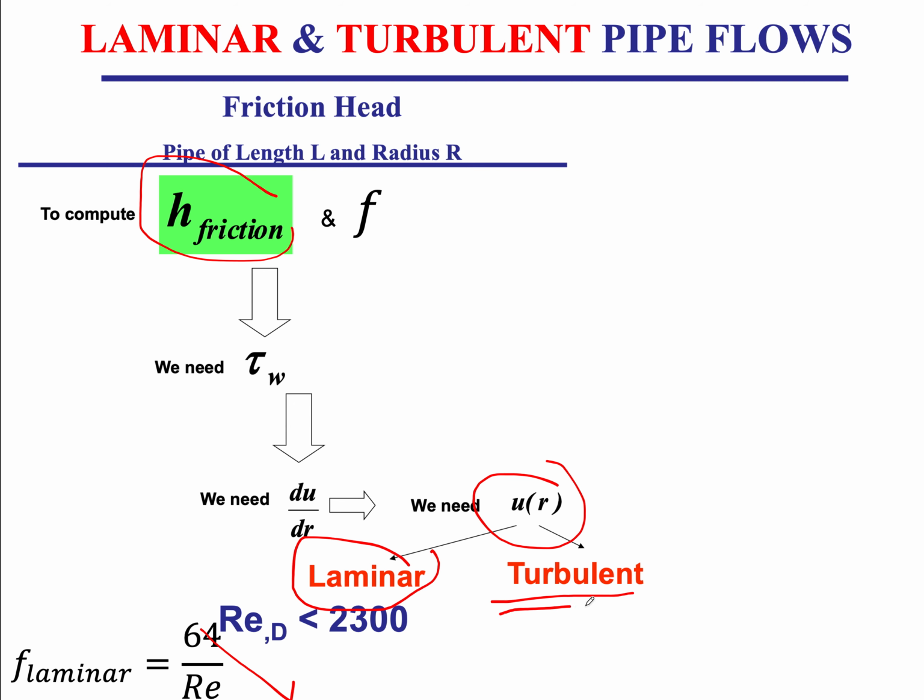But when our flow is turbulent, the velocity profile is going to be different, and I would expect my friction head loss to be different. So this is what we want to get. What happens next? How can we compute the friction factor for a turbulent flow? Well, we need the velocity profile.